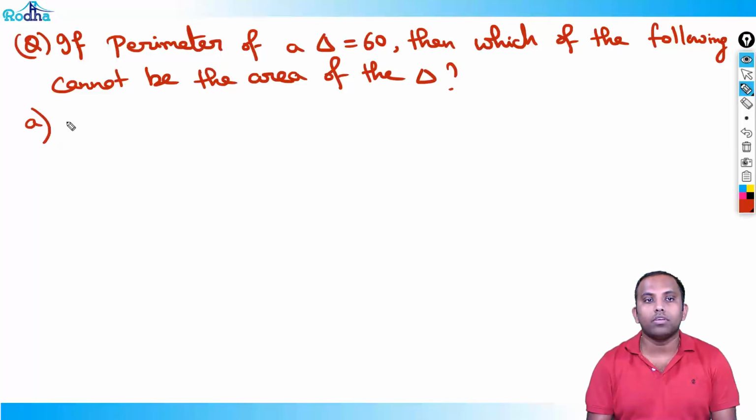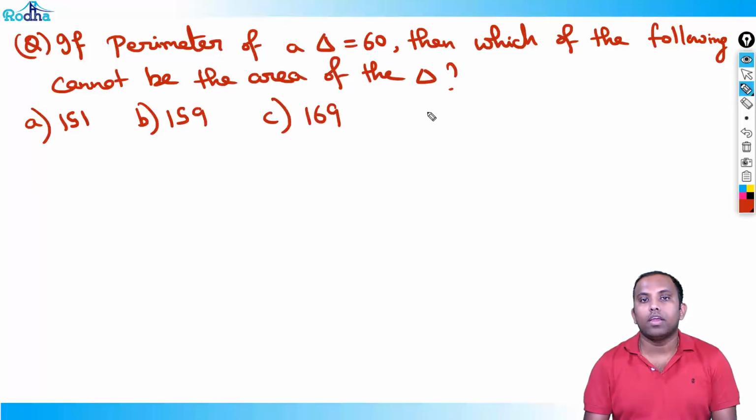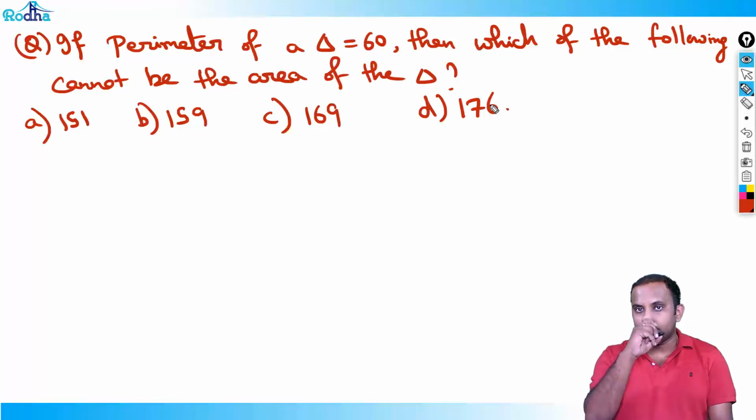So put some options here: A 151, B 159, C 169, and D 176. So if the perimeter of a triangle is 60, then which of the following cannot be the area of the triangle, right?